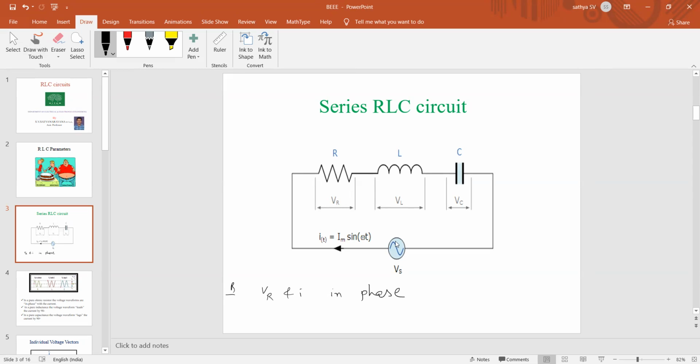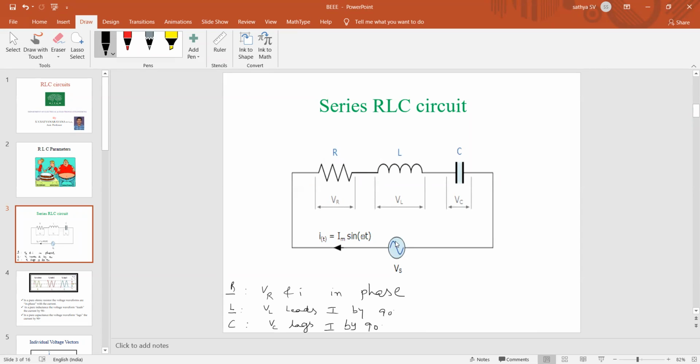And for the inductor, VL leads I by 90 degrees. And what about the capacitor? VC lags I by 90 degrees, right? VC lags I by 90 degrees.